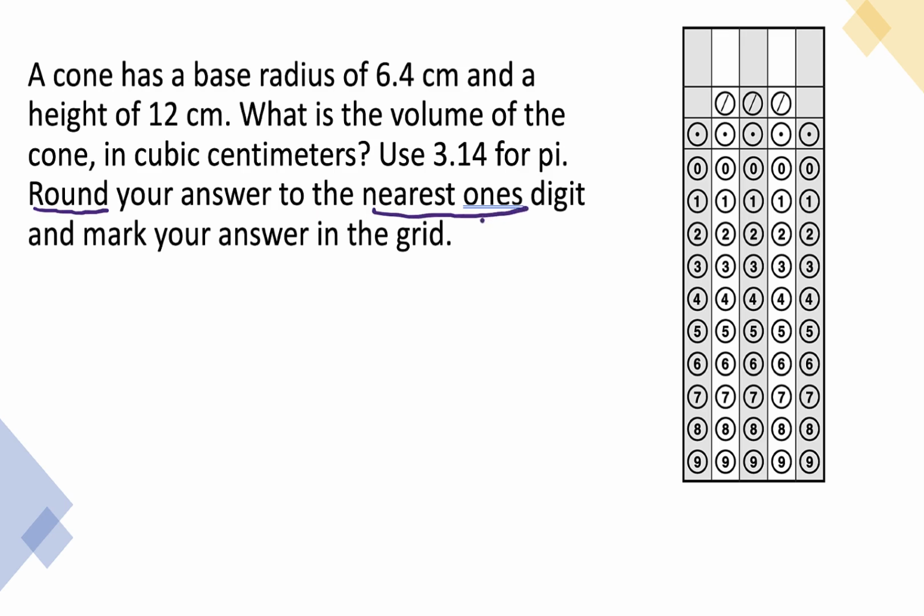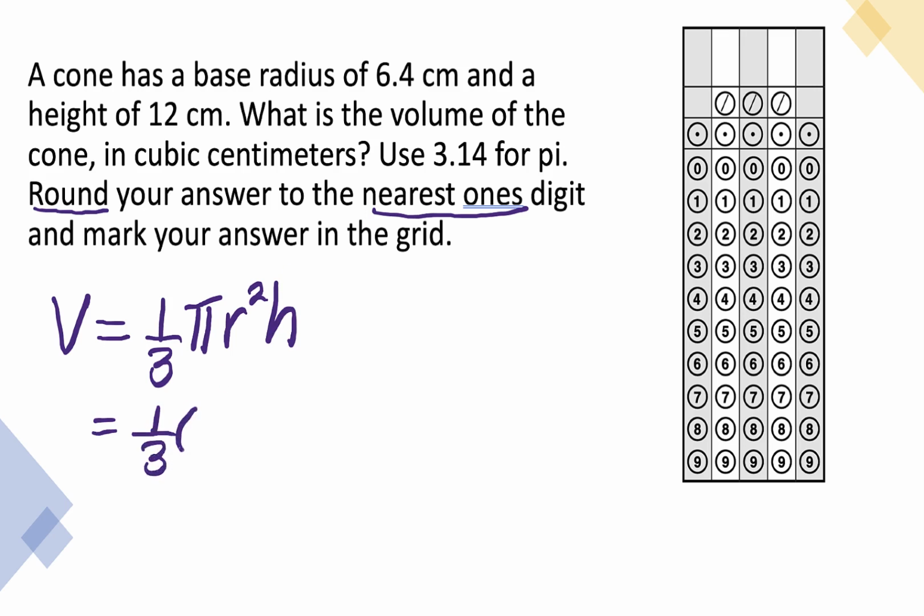So they're telling you where to round because your answer is going to be a decimal. To find the volume of a cone, and this is where you would go to the math reference sheet, it's 1/3 pi r squared times height. So it's 1/3. Remember they said use 3.14 for pi.